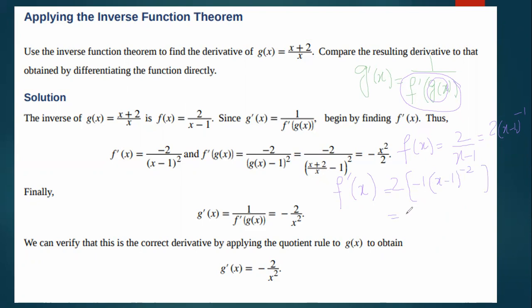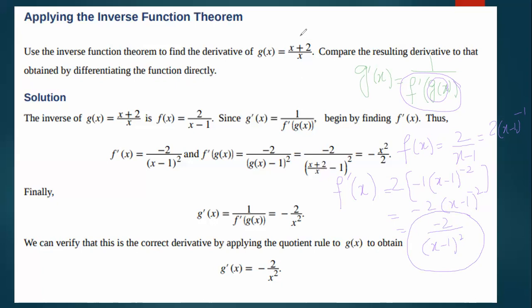So it will be -2 into (x minus 1) whole square, that is -2 divided by (x minus 1) squared. So this is the value of f derivative of x.